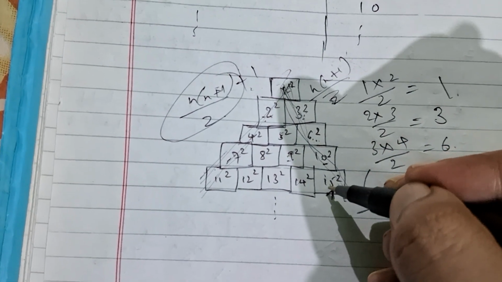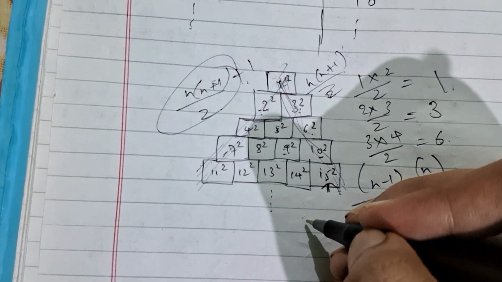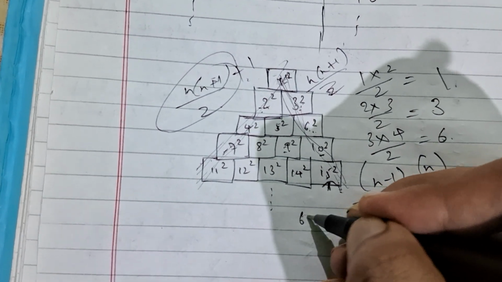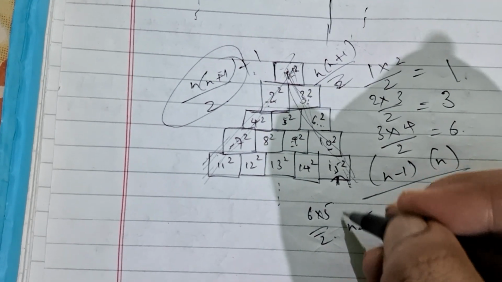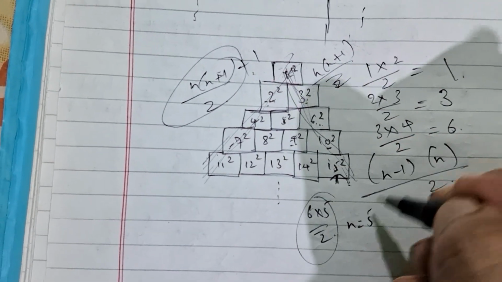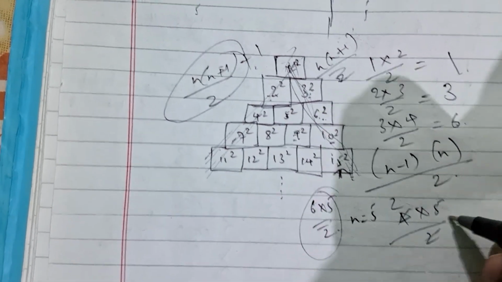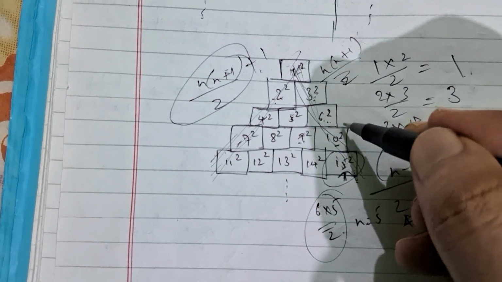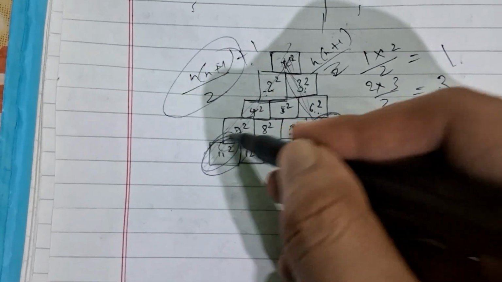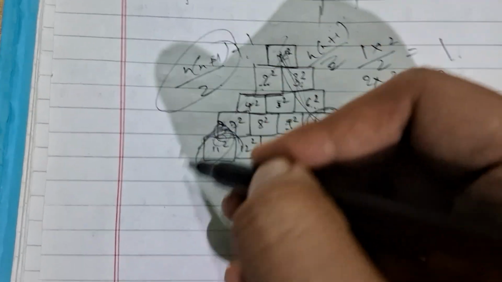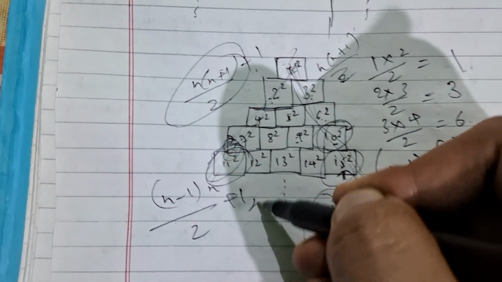For 15, that is n equal to 5, so n minus 1 is 4, and 4 into 5 by 2 is 10. So for 15, the 10th can falls. For this can, if it falls, then just the one above it, that is (n minus 1) into n by 2 plus 1th can, falls.